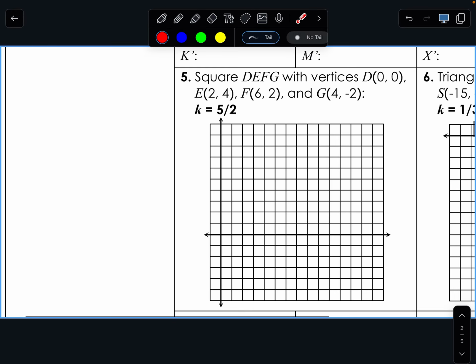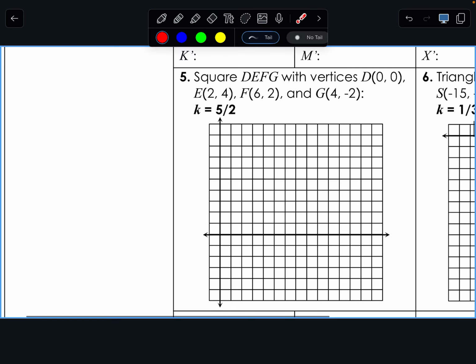All right. So this is where this helps you, because what is 5 over 2? Is that bigger than 1 or less than 1? What's 5 divided by 2? 5 divided by 2 is 2.5.